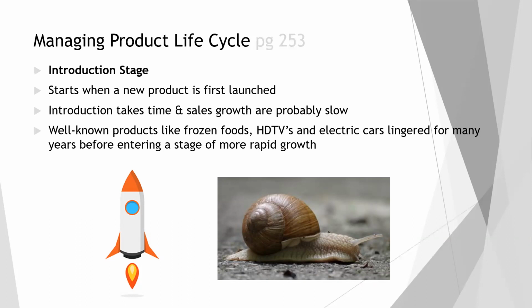Very well-known products like frozen foods, HD TVs, and right now electric vehicles have lingered for many, many years in that introduction stage before entering a stage of more rapid growth. So it could be a very slow process during this introduction stage.